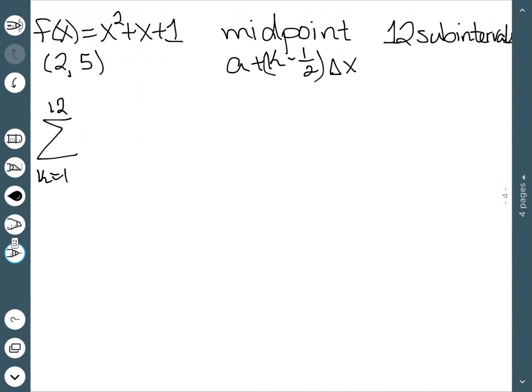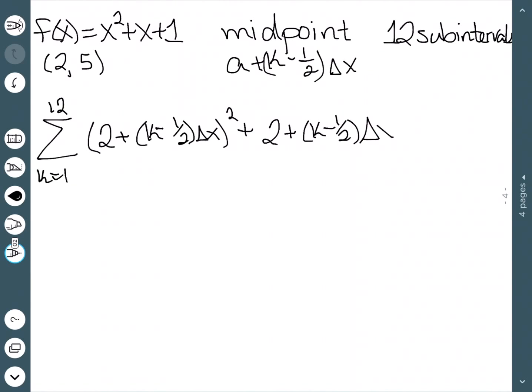In this case, I'm going to substitute in for x. Let's see, a is 2. So I have 2 plus k minus 1/2 delta x, squared, plus 2 plus k minus 1/2 delta x, plus 1, all times delta x.